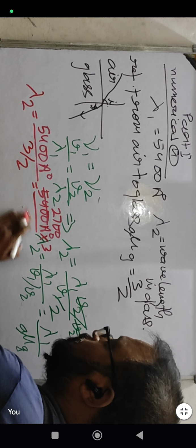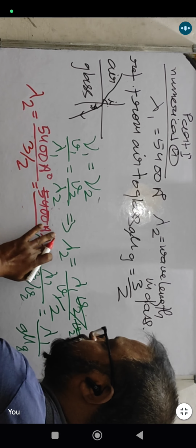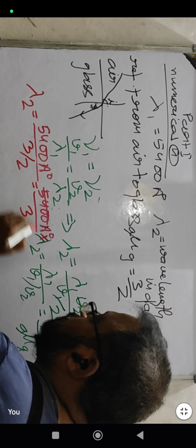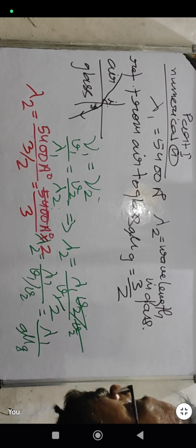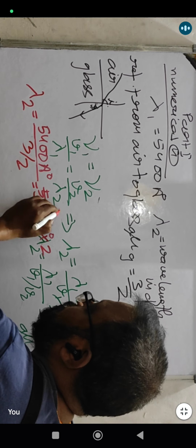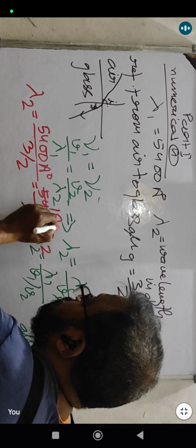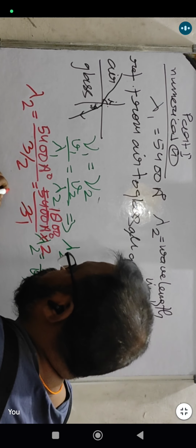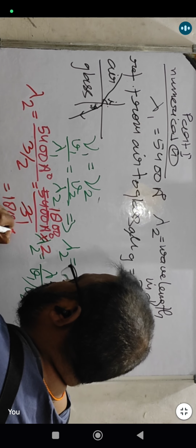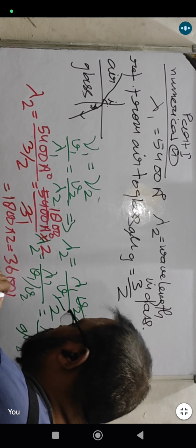So now when you divide this, you get 3 and 2. 5400 divided by 3 is 1800, and 1800 into 2 is equal to 3600 angstrom.